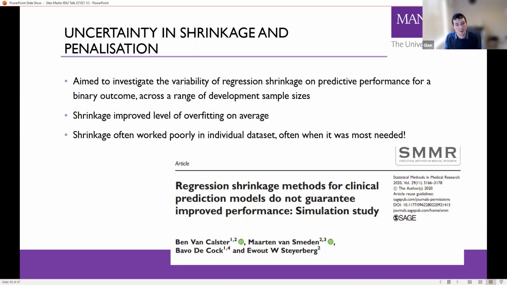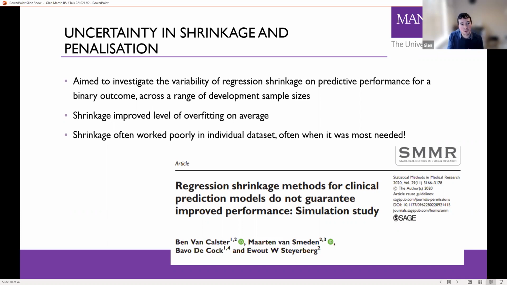Okay, and so Ben and colleagues performed a simulation study, where they varied the sample size and various other properties of the model, and looked at the degree of uncertainty or variability in the shrinkage factor or the penalization term or the tuning parameter.